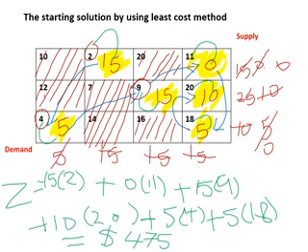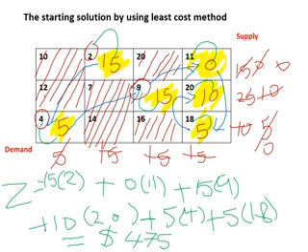Now this means the starting solution for this problem by using the least cost method is equal to $475.